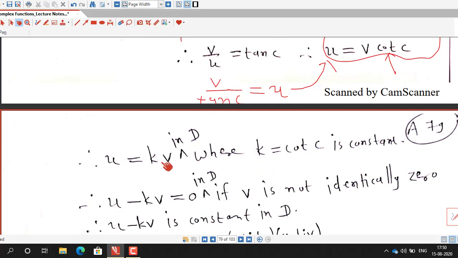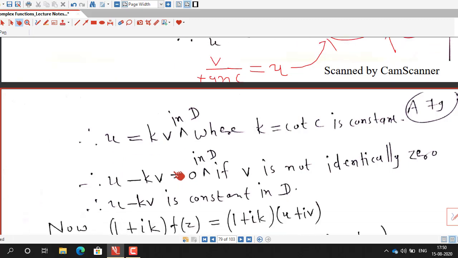So from this, if I take k into v on the left hand side, I obtain that u minus kv equal to 0 in D, if v is not identically 0. If v is identically 0, then we will obtain u equal to 0. So if v is not identically 0, we obtain u minus kv equal to 0 at every point in a domain D. What is the meaning of this?